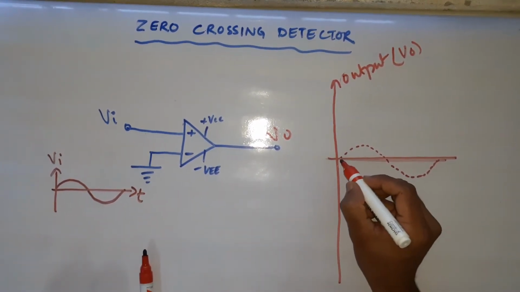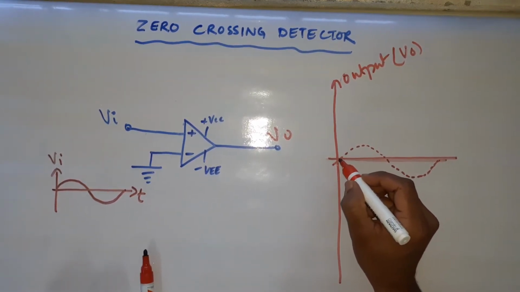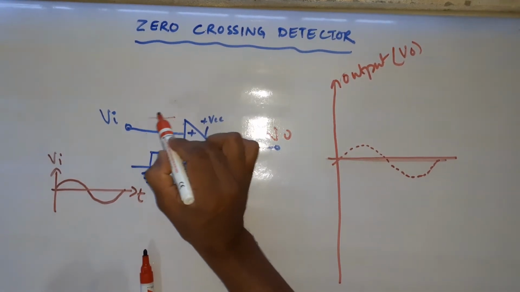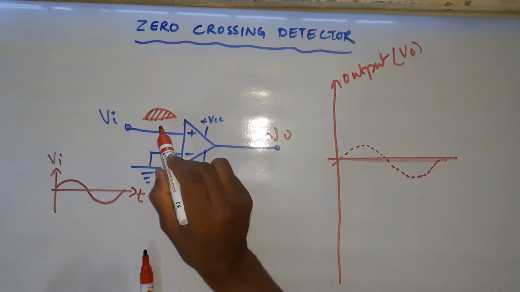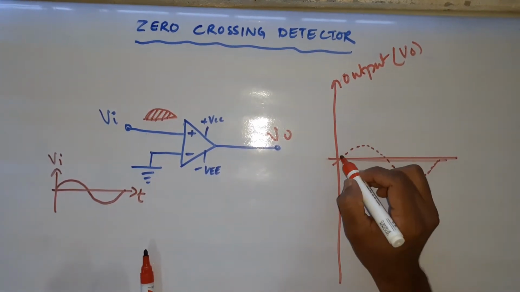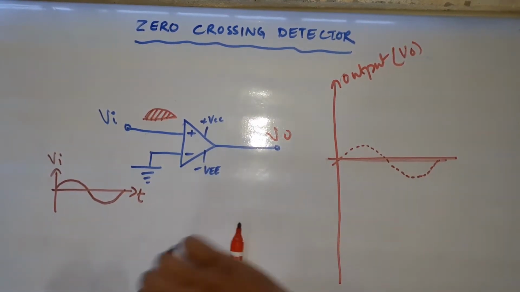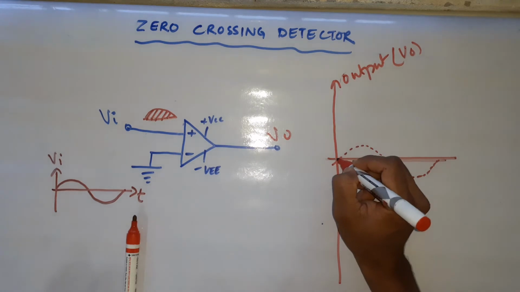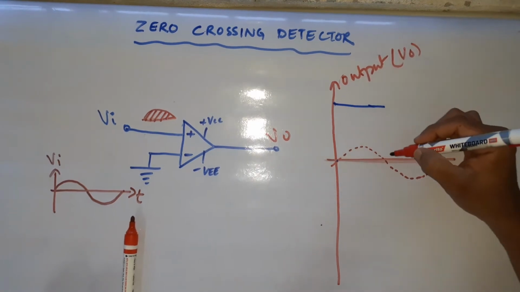It is when your input is crossing 0. See, it is crossing 0 here. When this positive half cycle of the input comes at the non-inverting terminal, your output will switch from minus saturation level to plus saturation level, and it remains here.